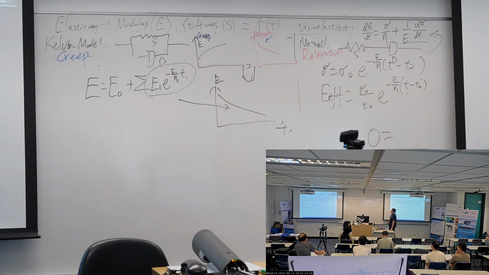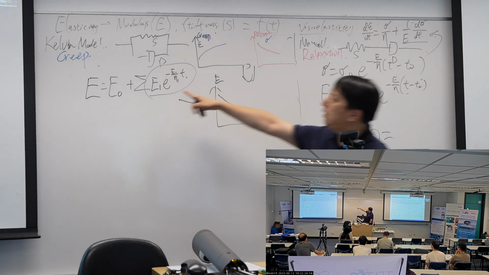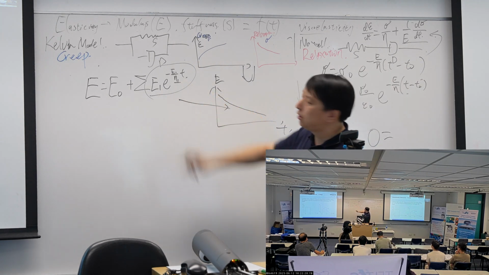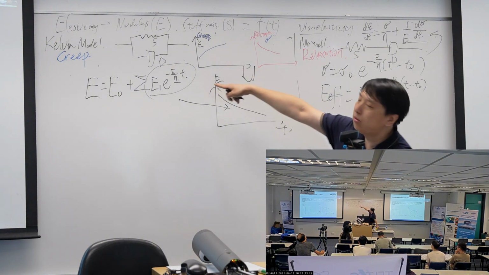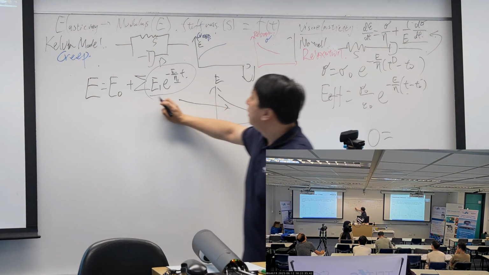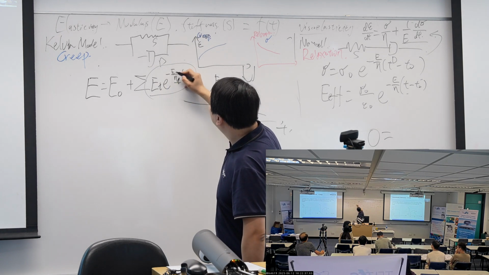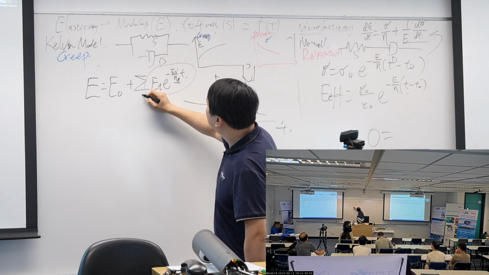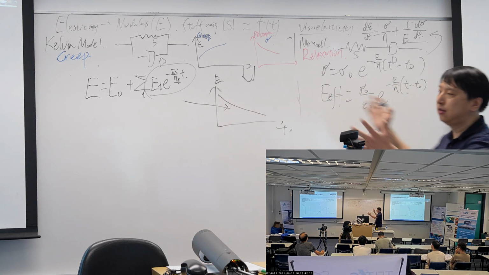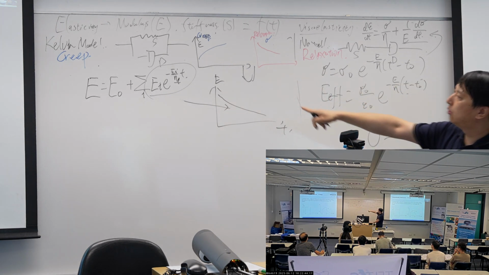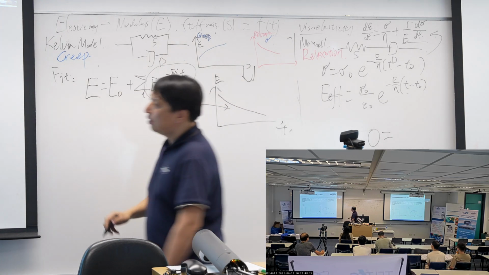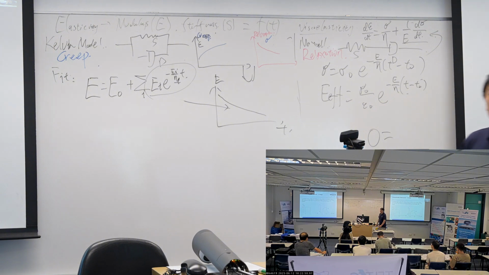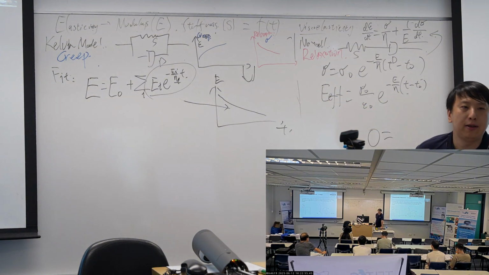In Maxwell's way, that's the E1 times the lifetime term, E1 over eta. And then he can add several terms for this kind of fitting. And from the fitting results, it gives what the viscoelasticity looks like.